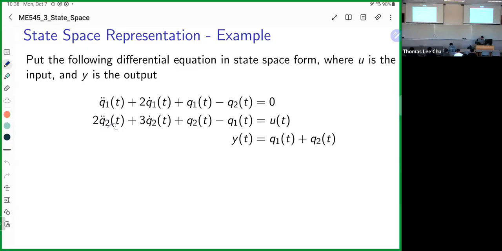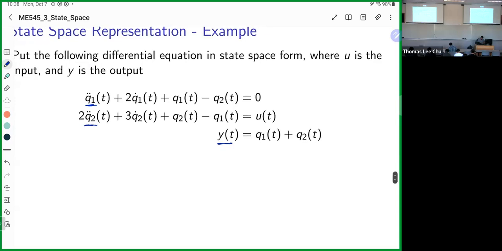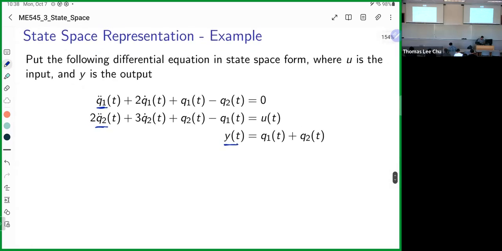Okay, so if we look here, we can see that Q1 double dot and Q2 double dot are our highest derivatives for the system. And then on top of that, our output here is Y, which is going to be Q1 plus Q2.